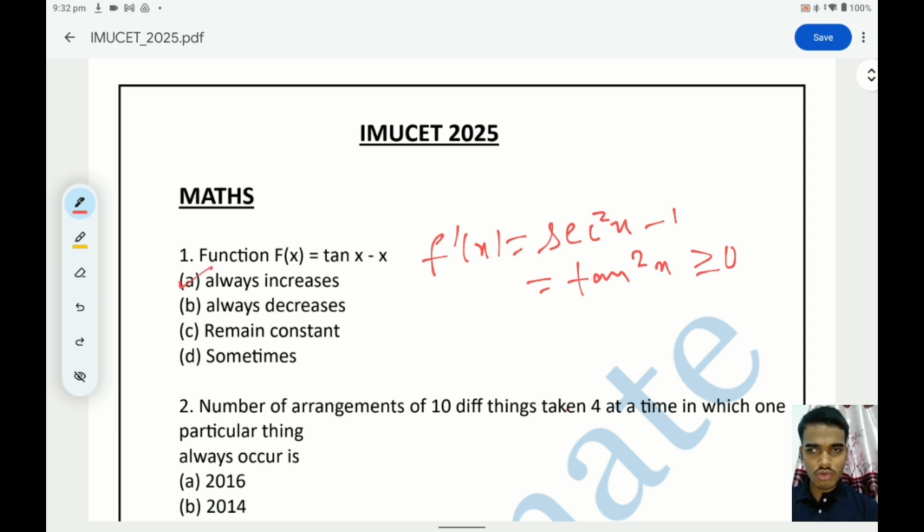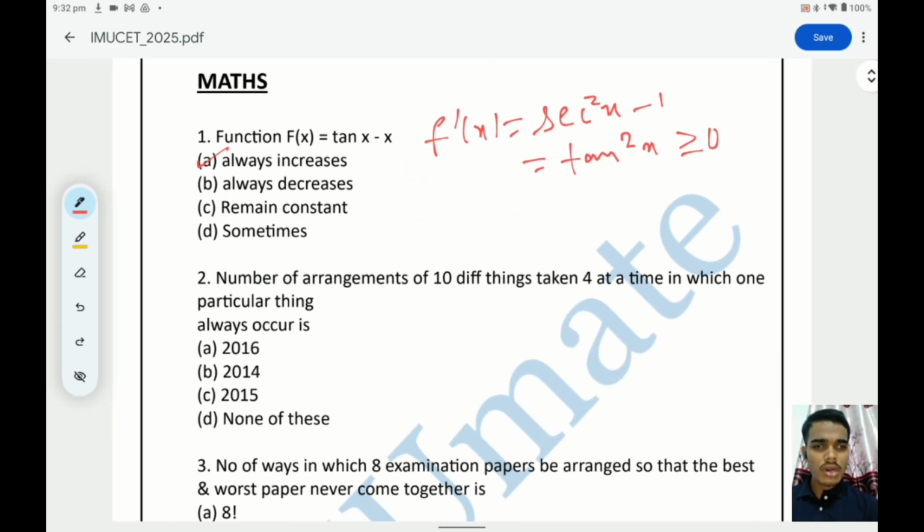Let's go for the next question. Number of arrangements of 10 different things taken 4 at a time, in which one particular thing always happens. Total 10 different things, and one particular thing is fixed, so we have to choose 9C3, and 4 at a time means 4 factorial.